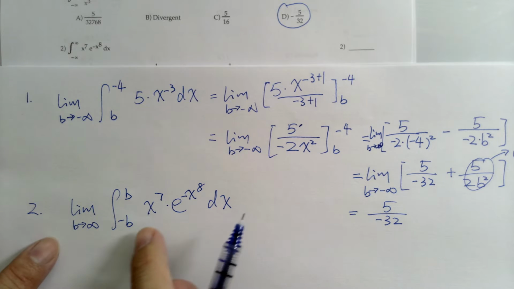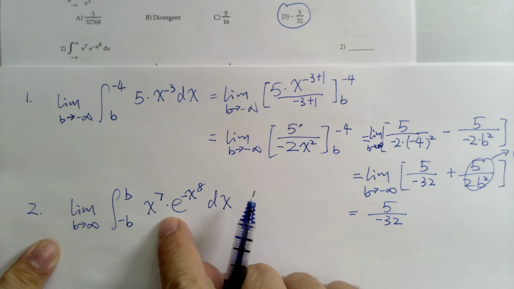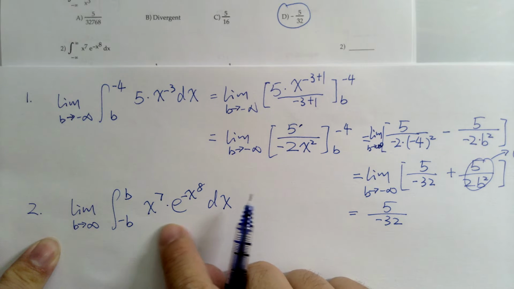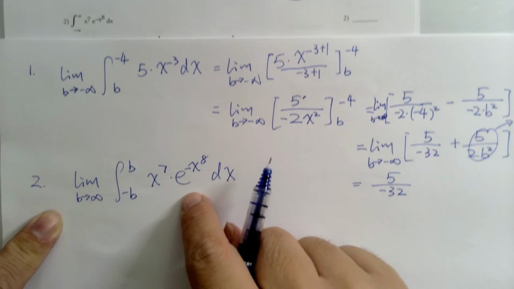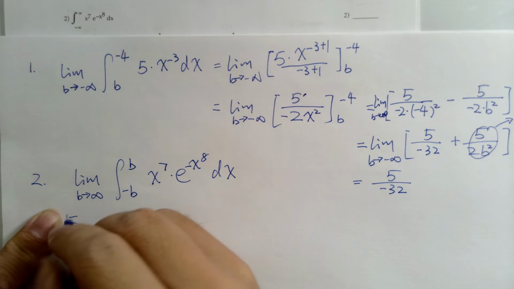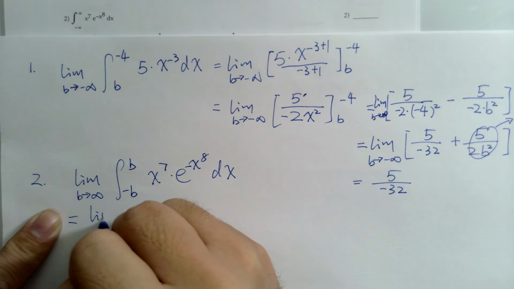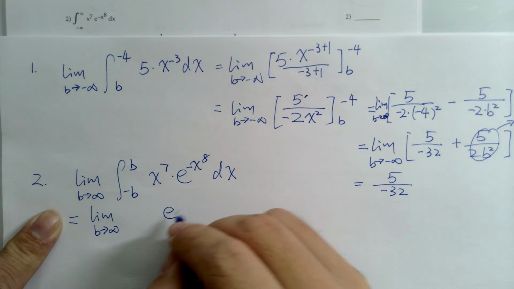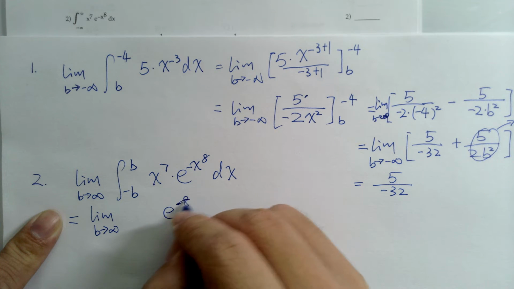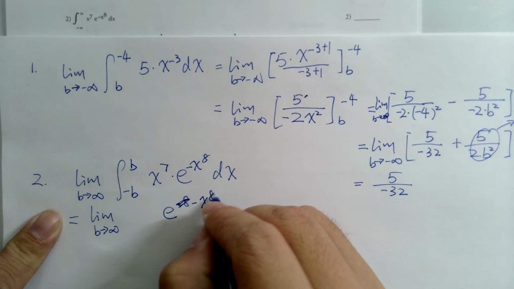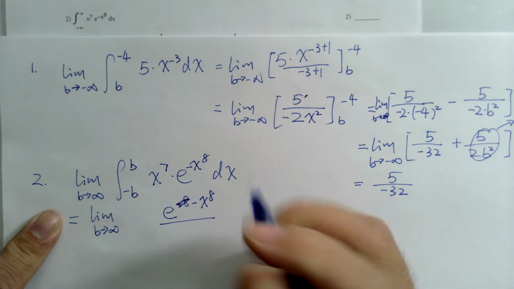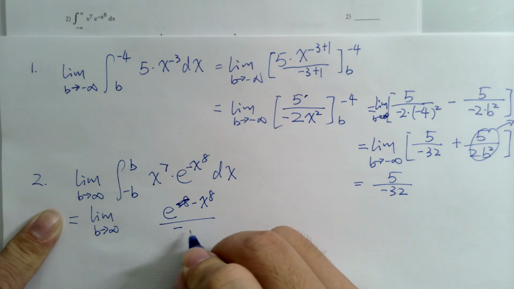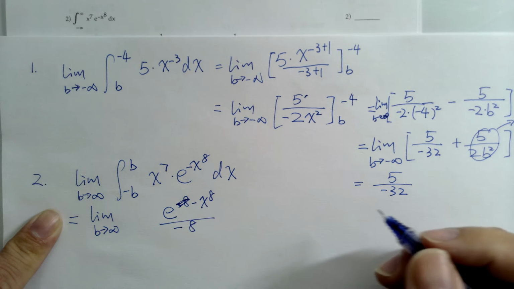Turns out that to solve this, it's pretty straightforward because all you need is a simple chain rule, right? So let's handle that. You're going to have e to the power of negative x to the power 8 over negative 8, right?